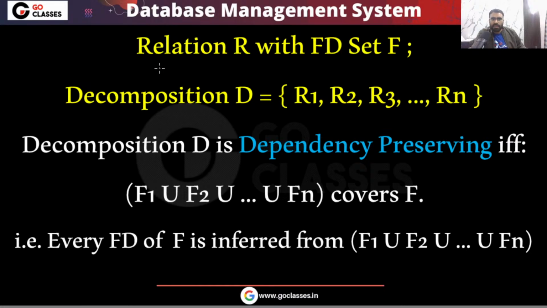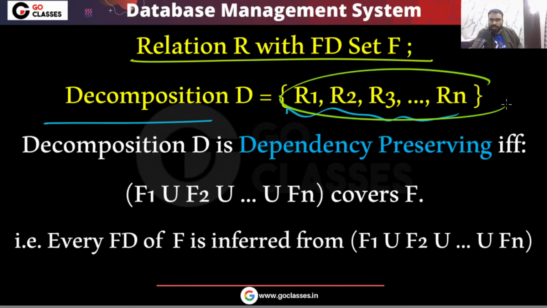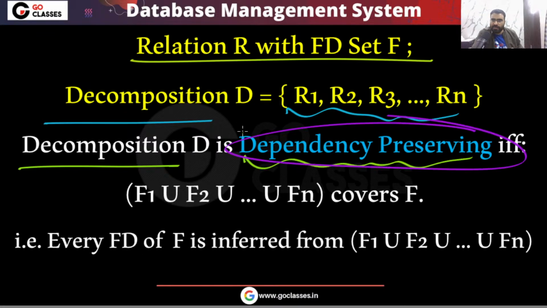We have a relation R with the functional dependency set F, and a decomposition of this relation R into subrelations R1 to Rn. Now remember, this decomposition is dependency preserving. What does it mean? It simply means that no functional dependency is lost.